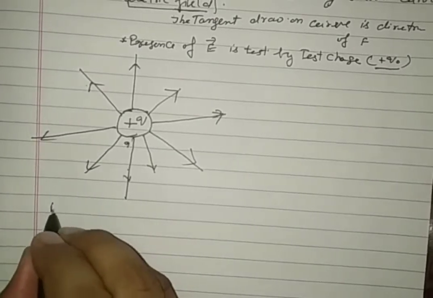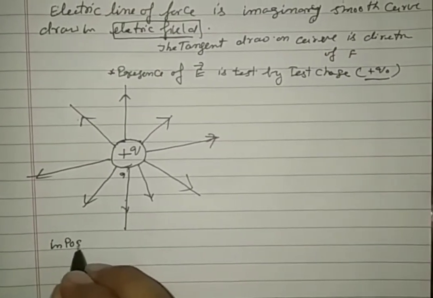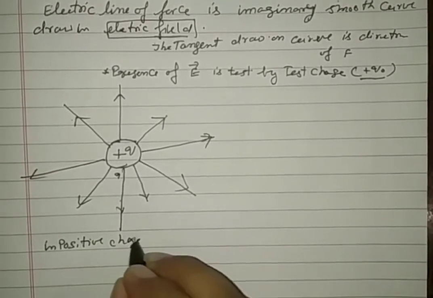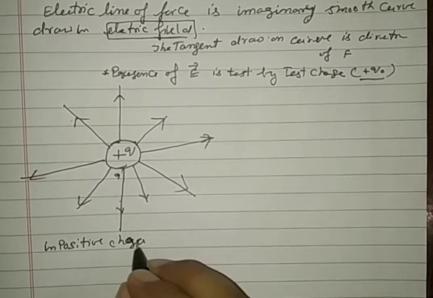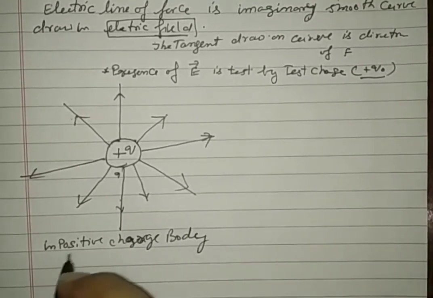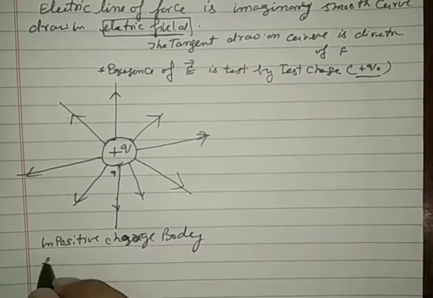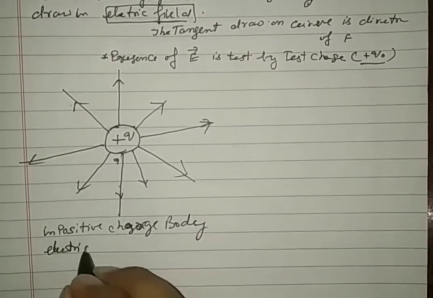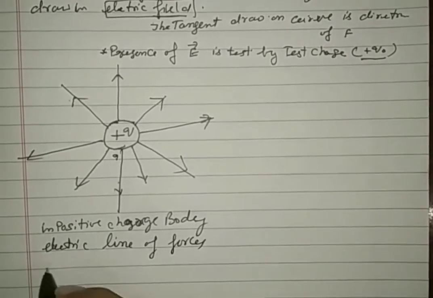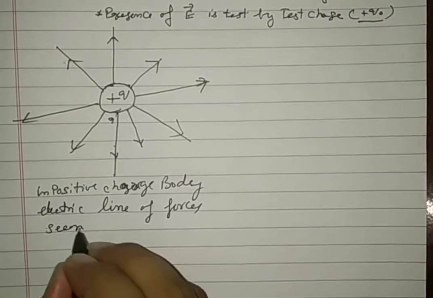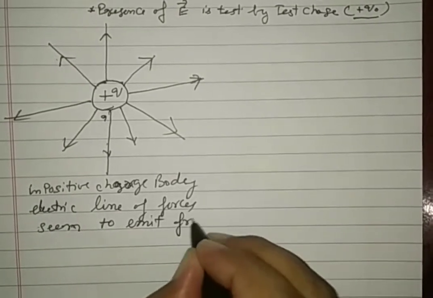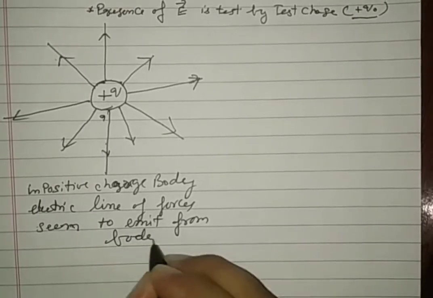So in a positively charged body, electric line of forces seem to emit from the body.